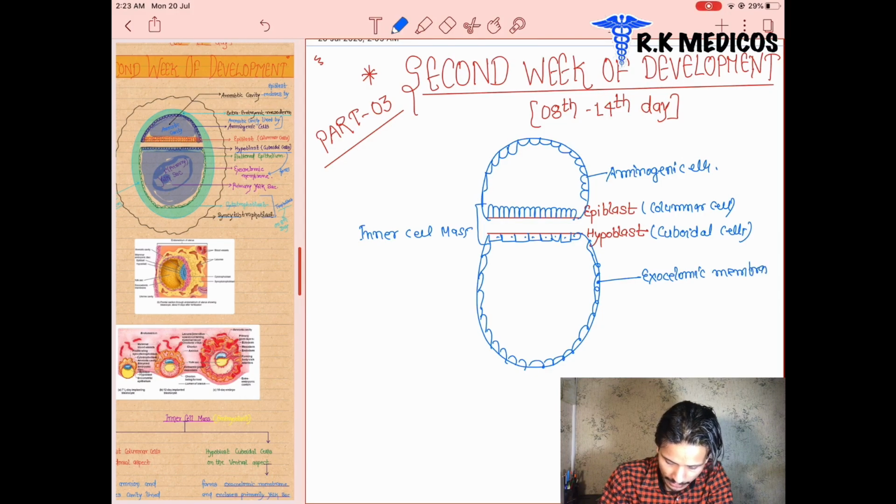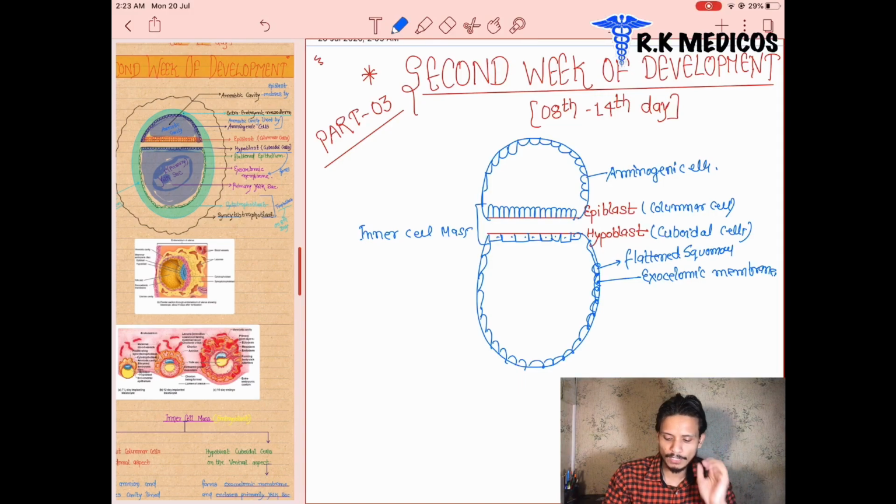So this membrane has flattened epithelial cells on it, and these flattened epithelial cells are called flattened epithelium or flattened squamous. Flattened means squamous, simple. So these are the flattened squamous epithelium.